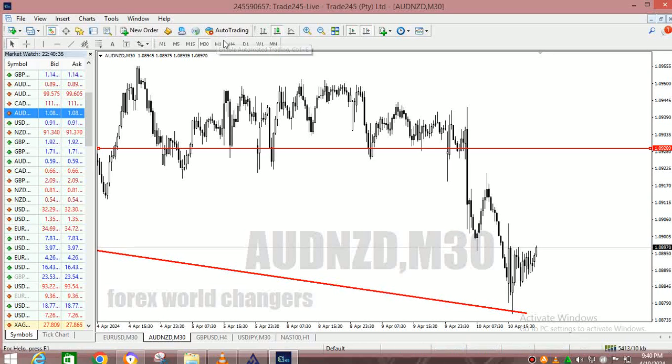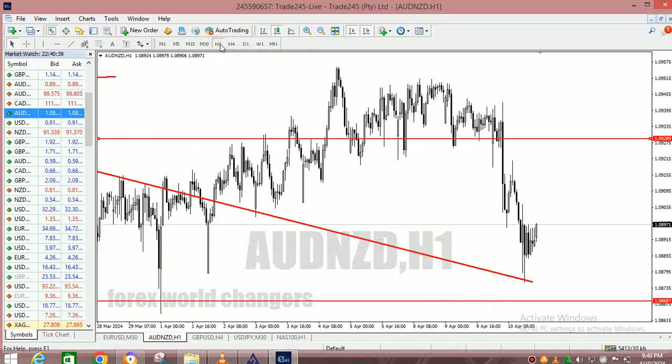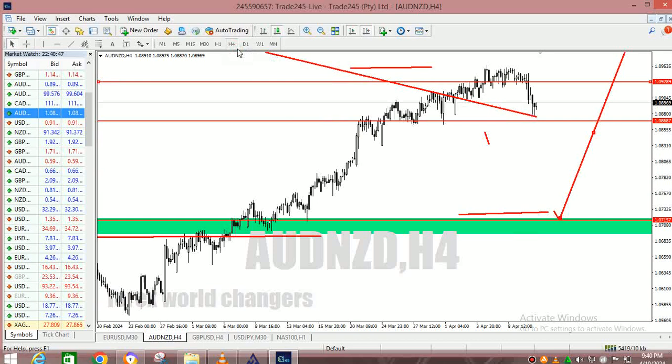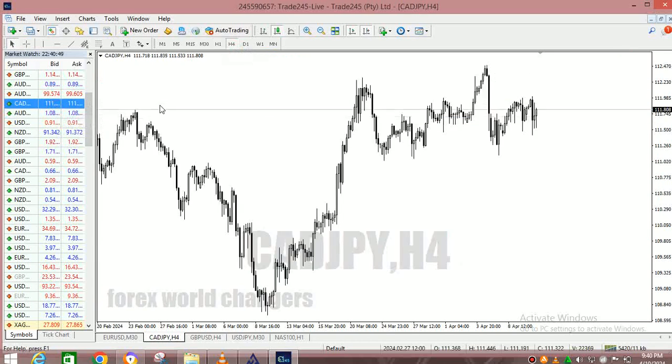Okay, this one looks nice. This one looks nice, but expecting the price to push up, this FTR doesn't look very nice. It's going to be a long story.